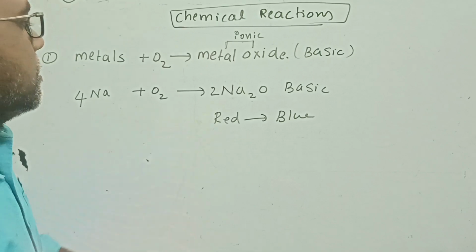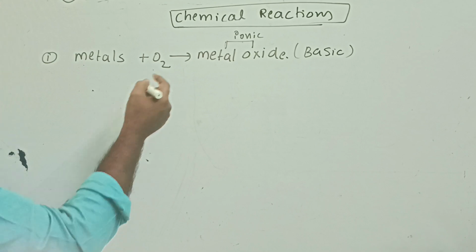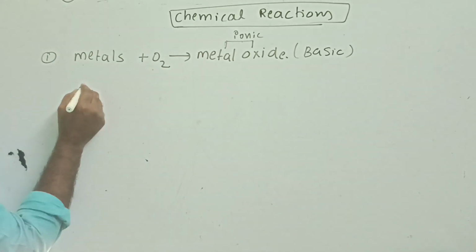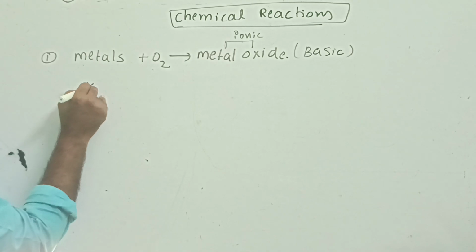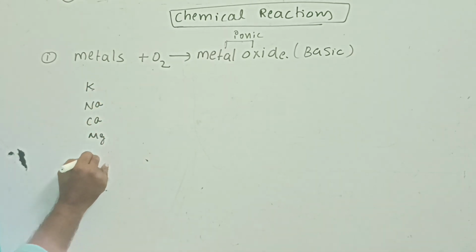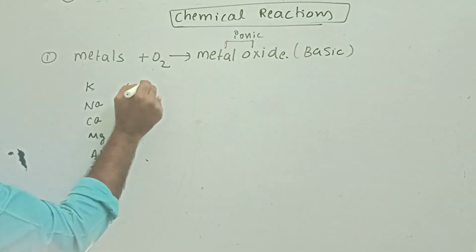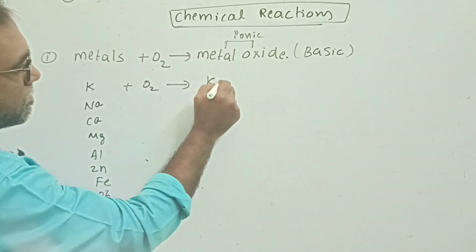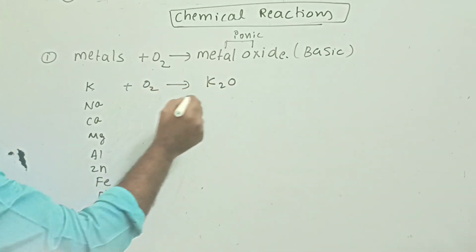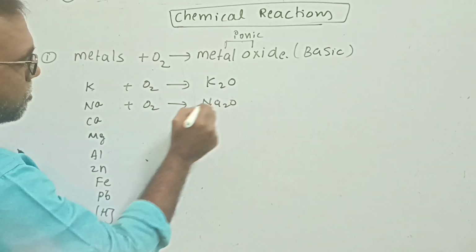You can write different examples based upon the series, so you should understand the metallic series, then you can write the reactions. First potassium, sodium, calcium, magnesium, aluminium, zinc, iron, lead, hydrogen. Potassium reacts with oxygen to form K2O. Sodium reacts with oxygen to form Na2O.